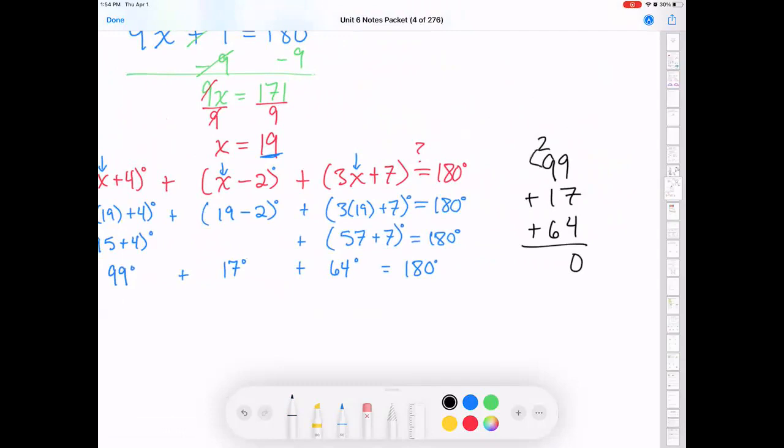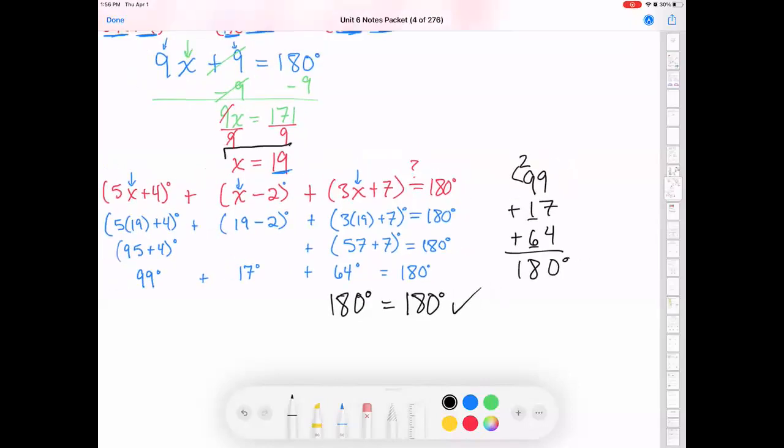Well, here we would get 11, 12, and then 18. So yes, we do in fact get 180 degrees, which is equal to 180 degrees. So it does check out, and that is always a good sign. What that tells us is that x is in fact 19. So we were correct there. So we need to box that answer because it is correct.